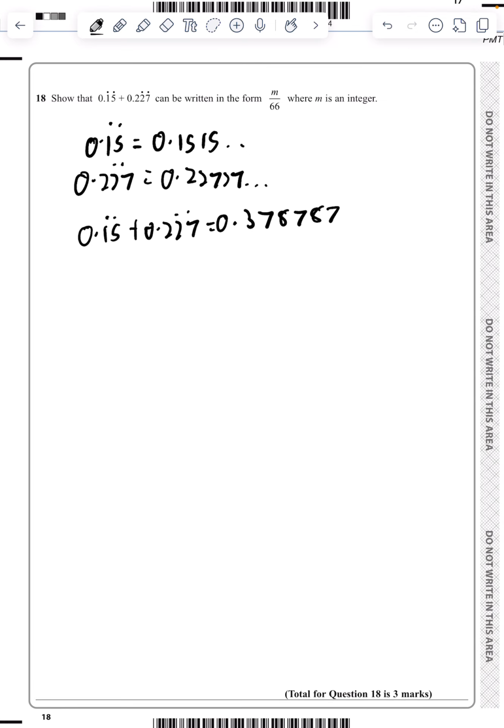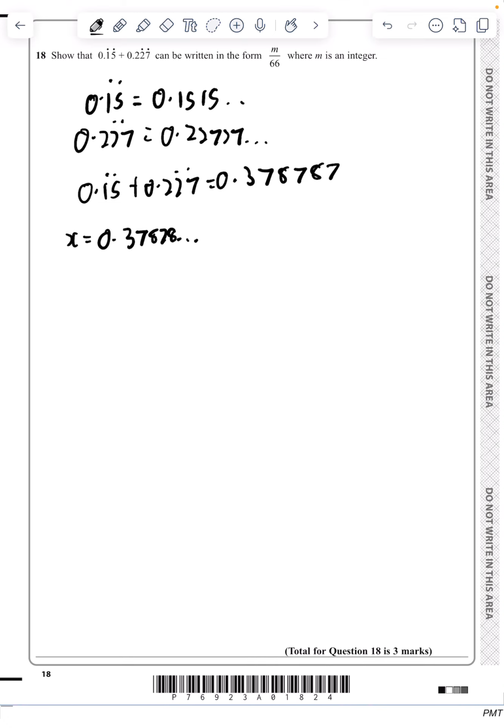And then you do the normal. X equals that, 10x, because you want to get the normal recurring decimal. And 1000x. It's going to be 3787 point.